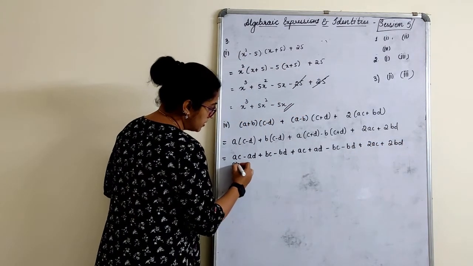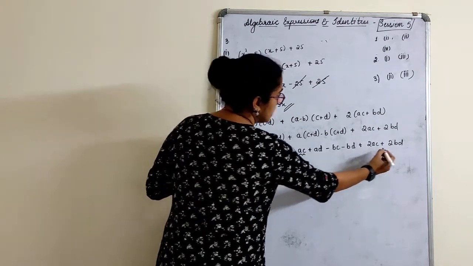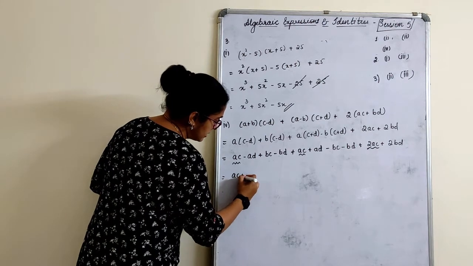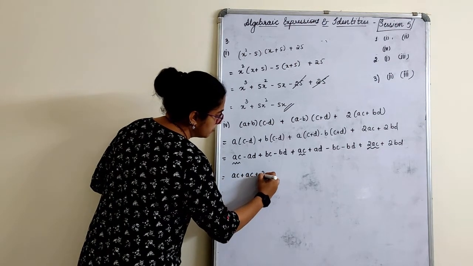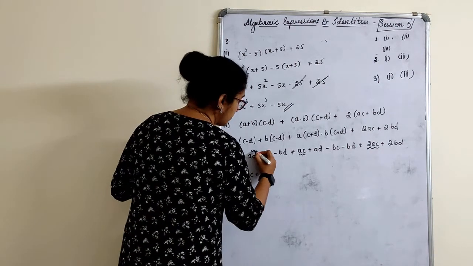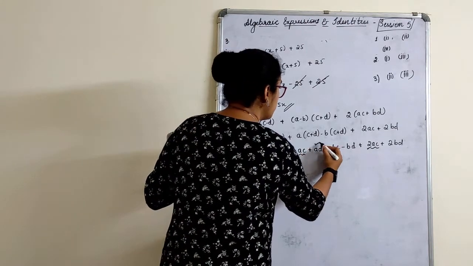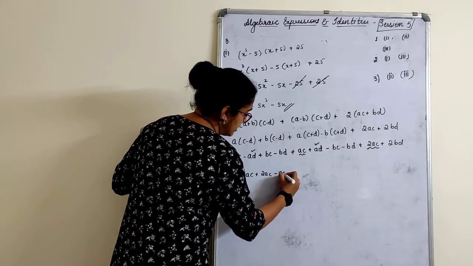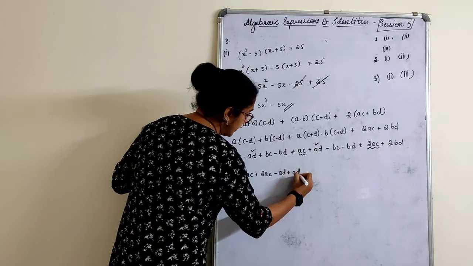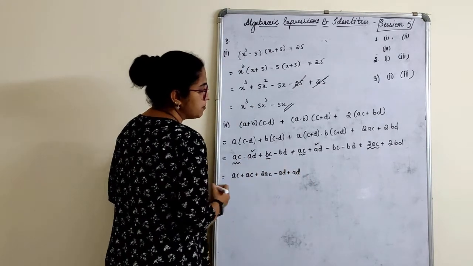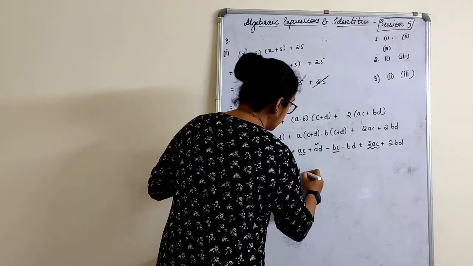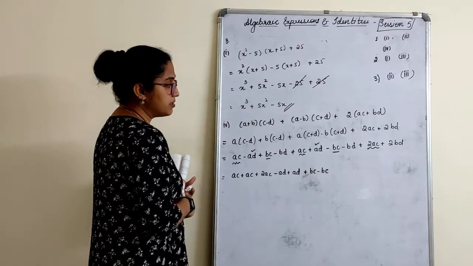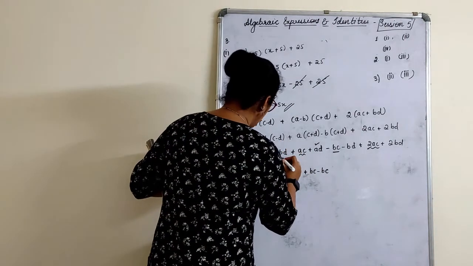Let's group the terms ac, ac and 2ac. We'll first write them together: ac plus ac plus 2ac. Minus ad plus ad. Anything else, ad we have? No. Minus ad plus ad, plus bc minus bc. Okay, last is the only bd term left now.